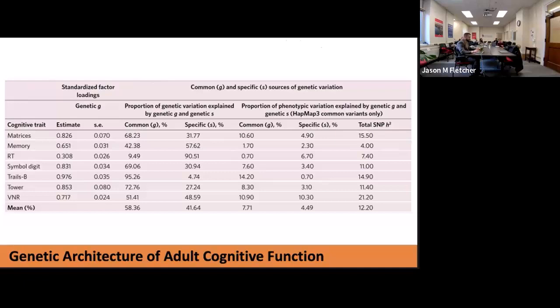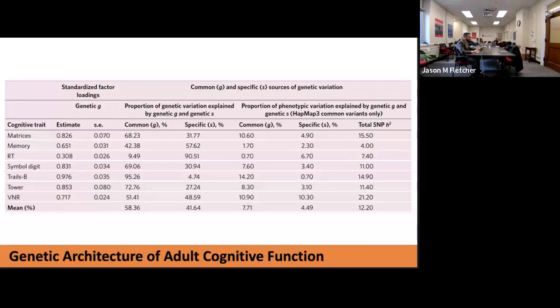So, for instance, for TRAIL-B, which is a test assessing executive function, which is a higher order cognitive ability, 95% of the genetic variance for this test is accounted for by genetic G, by the shared genetic component, whereas only 5% is actually specific to that particular test.